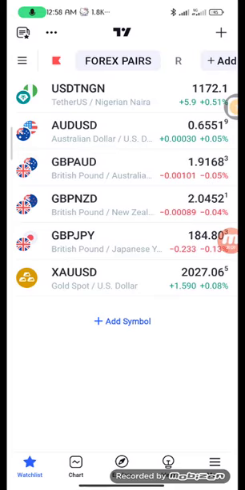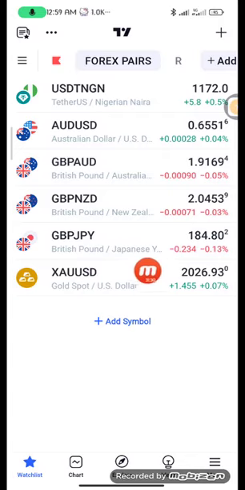You can see forex pairs. Let's make use of GBP JPY. The GBP is a short form for British pounds, and JPY means Japanese yen.